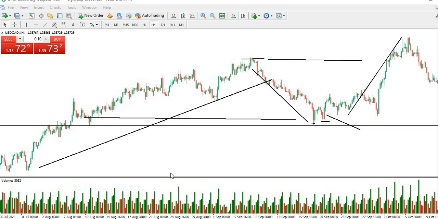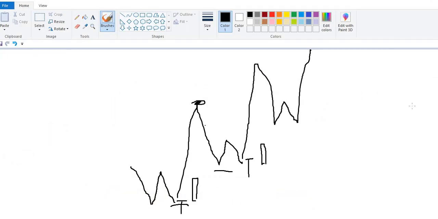So now I will show you where to avoid this double bottom pattern. Let's say we know the market has turned from a bullish trend to a bearish trend, and the trend has changed. The market made a double top pattern, which is a reversal pattern, and it made an impulsive move.